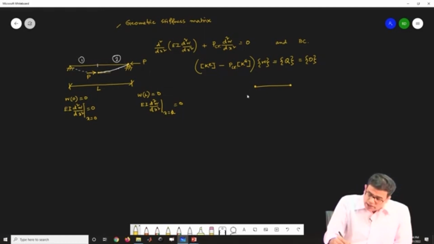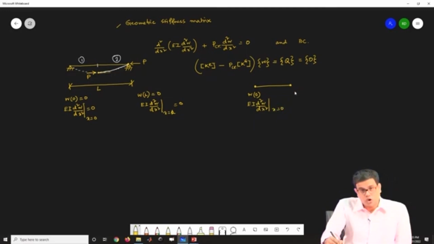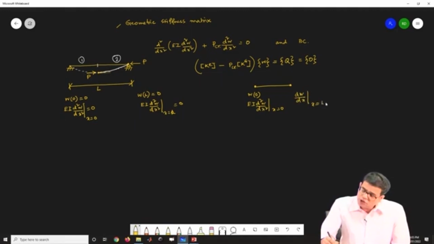Here W is 0 and EI d2W/dx2 is also 0, right. And what is the boundary condition here? Here the slope is 0 and obviously there is no shear force. So, that is dw/dx actually 0. And this length is L by 2.